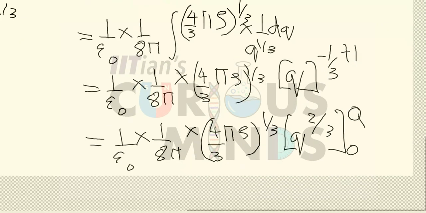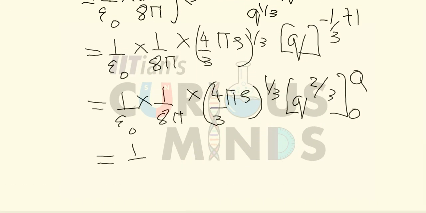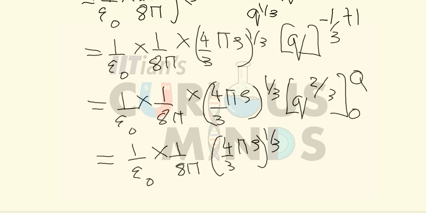Now let me substitute this term again: 1 by epsilon naught into 1 by 8 pi into 4 by 3 pi rho the whole raised to 1 by 3, into q raised to 2 by 3.